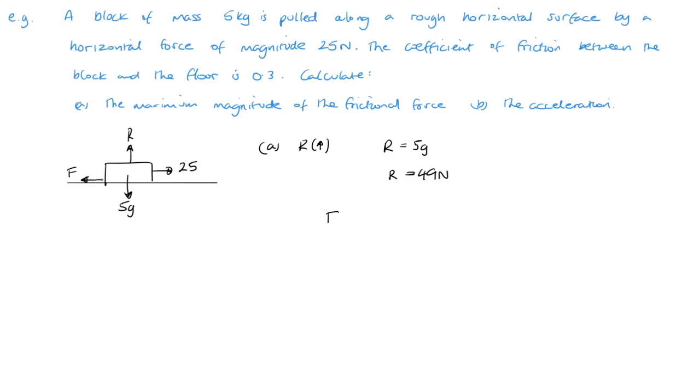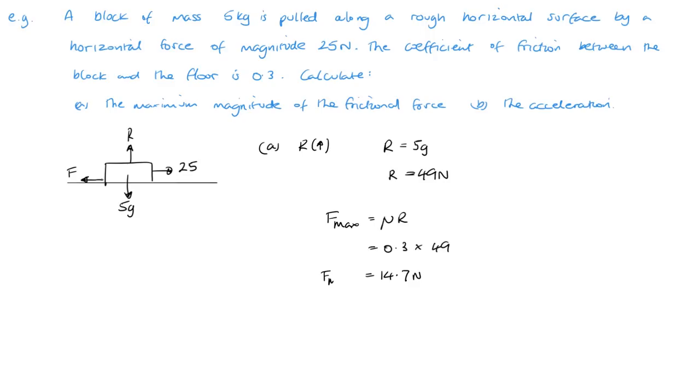Okay, so now F max is mu R. Mu is 0.3 and R is 49. So times that by 0.3 and we get 14.7 newtons.